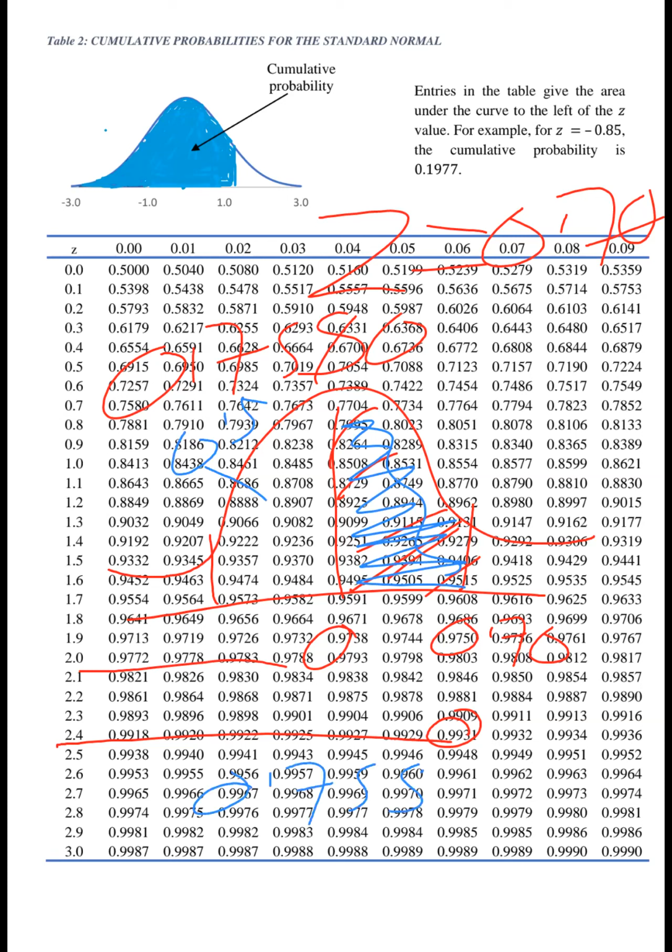Once you subtract, you get the area that is equal to 0.70, and in this case our area is 0.2580. That is the area equal to 0.70, not greater than, because for greater than it is the area after this, and you get it by subtracting this number from 1. Any question?